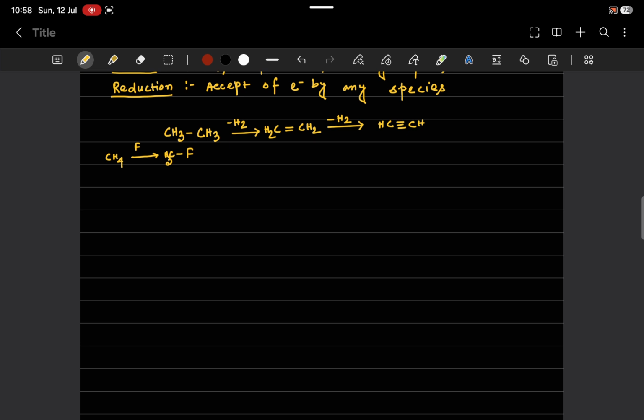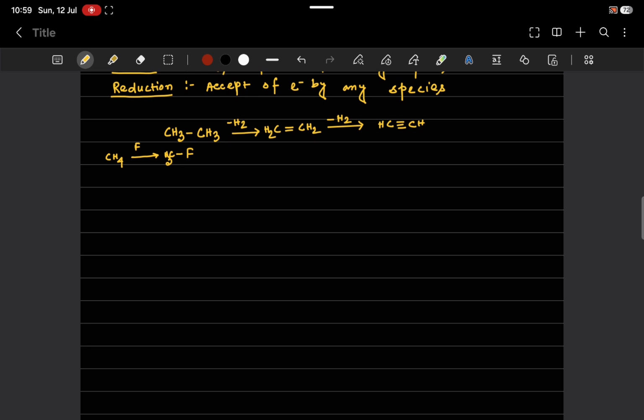So in organic chemistry, let's say we have methane. Now any heteroatom getting substituted one by one, where we are eliminating hydrogens one by one and introducing heteroatoms one by one, that process we can consider as an oxidation process.